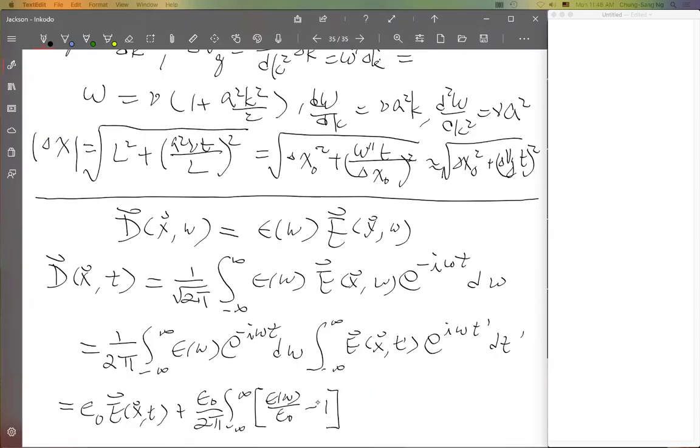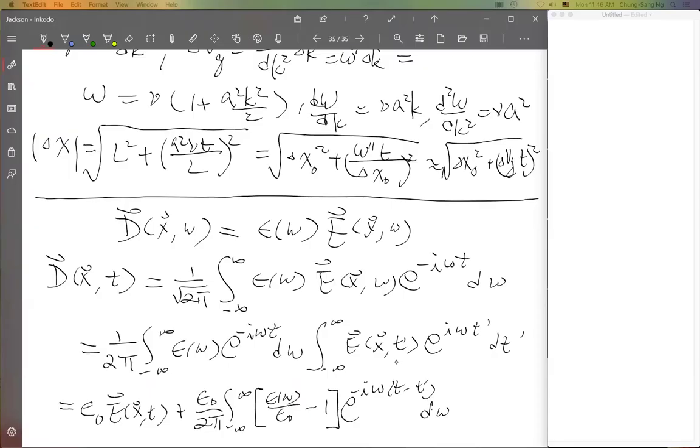We see right away why this will cancel after we get all the rest of the integral written out. So you have minus I omega t, this factor multiplied by this factor, so you have t minus t prime. Okay, and then you have a d omega. All right, and then the rest is integrating over t prime.